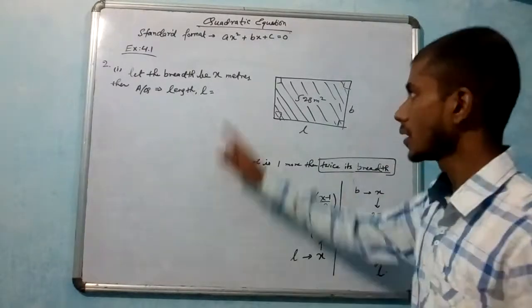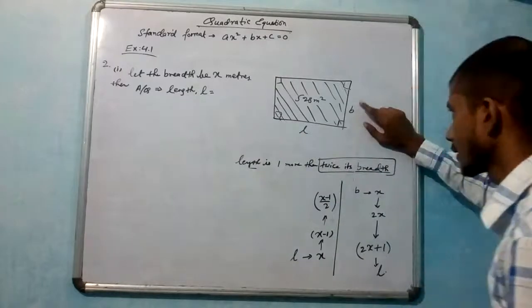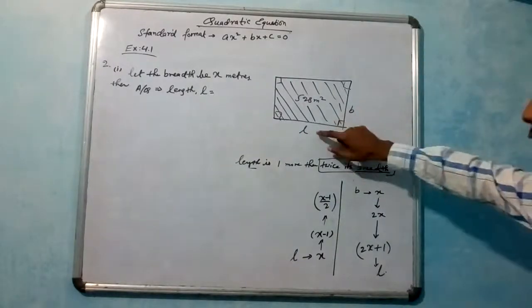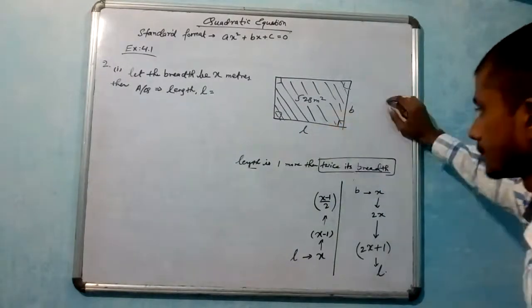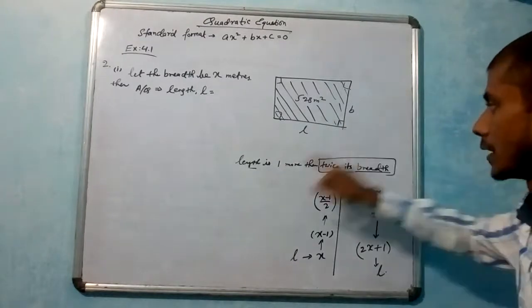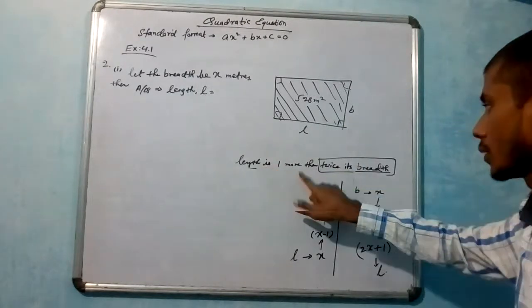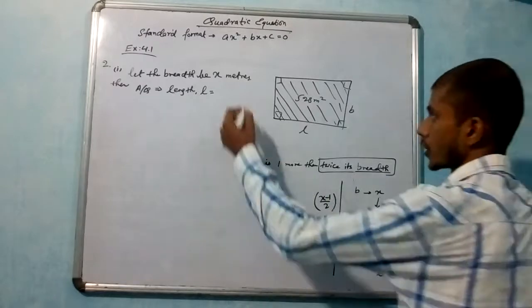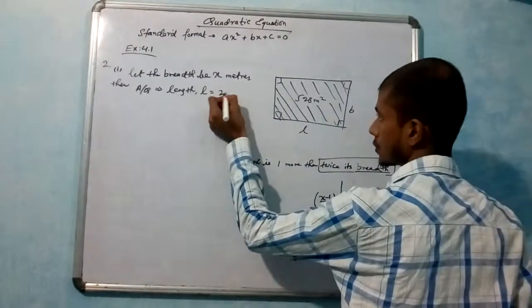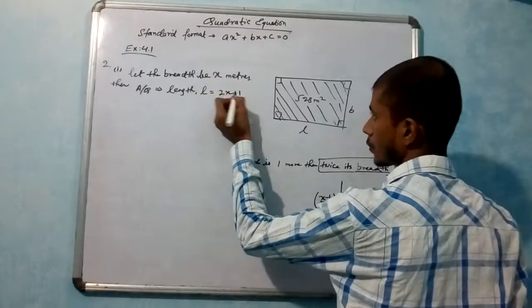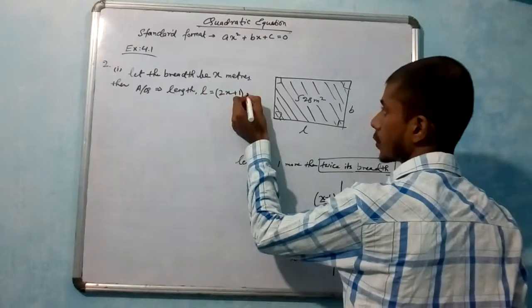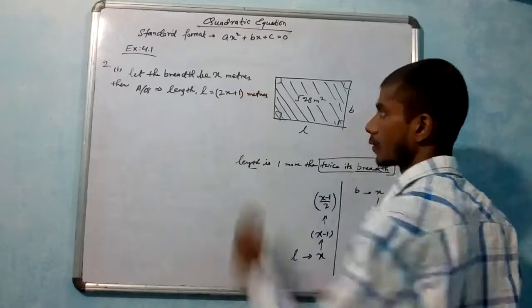Then according to the question, what will be the length? Length is 1 more than twice its breadth. So 2x plus 1. I need your full concentration, okay? Otherwise, problem. Meters. Any problem?